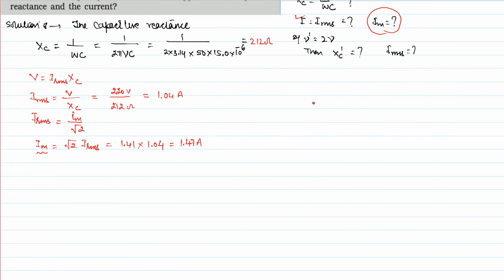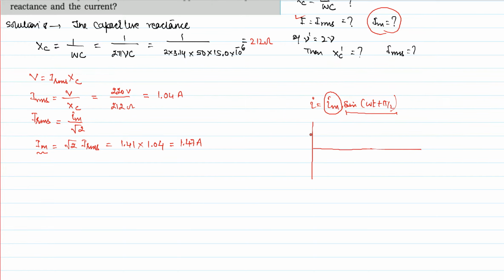Now this is the maximum value of current, and how will it fluctuate? As we have discussed, the instantaneous value of current I is equal to Im, and across the capacitor it is sine of omega t plus pi by 2. So this fluctuation will be like that. The sine component will fluctuate between its positive and negative value.